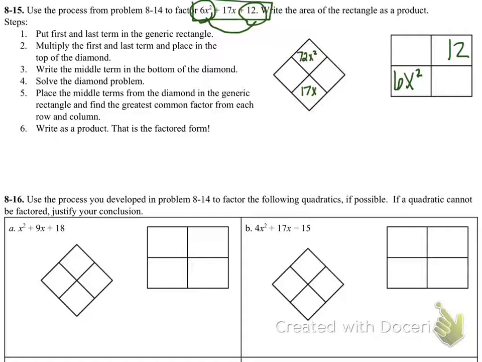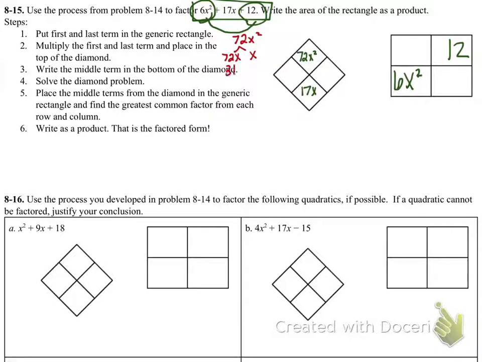Solve the diamond problem. Now, I really suggest writing the top term off to the side so you can think of two terms that multiply to 72x squared. So I'm like 72x and x. Or what if I divide it by 2?